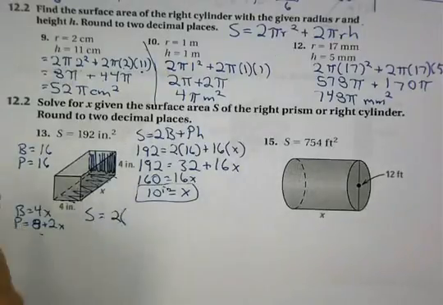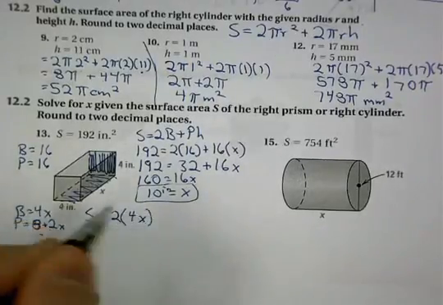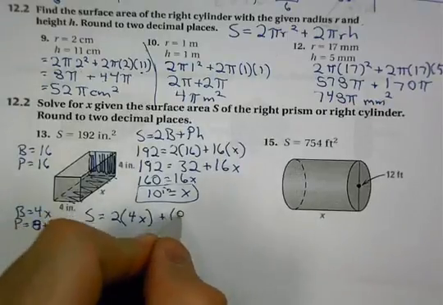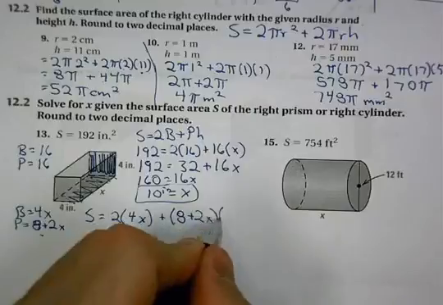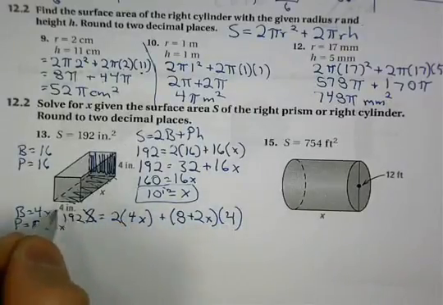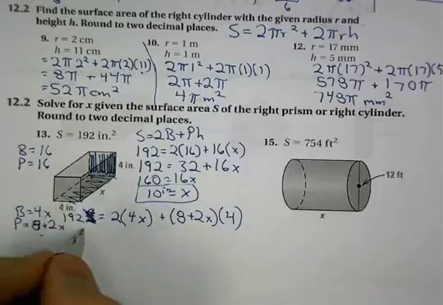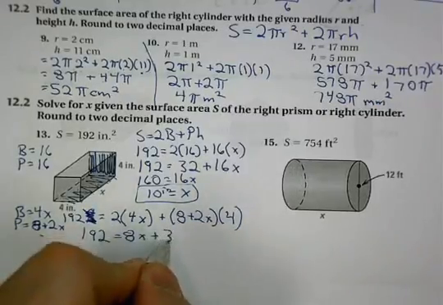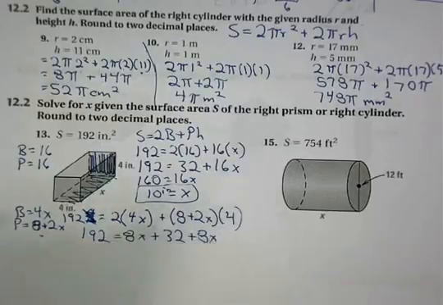So now 2 times 4x plus 8 plus 2x times the height, which is 4, and that's equal to 192.